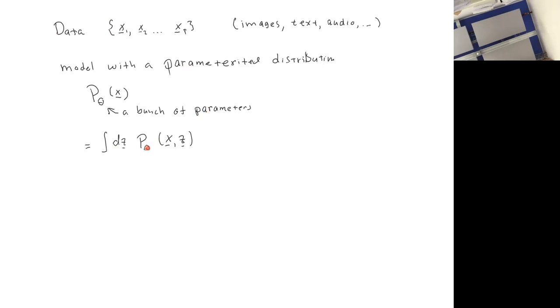Eventually we'll see these parameters are going to be parameters of a deep network. We choose parameters theta to maximize the log likelihood of the data.